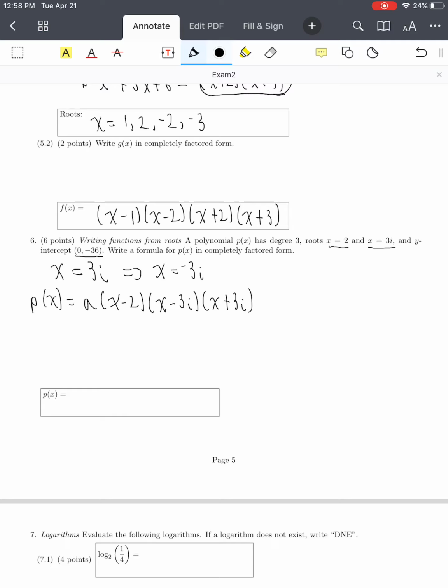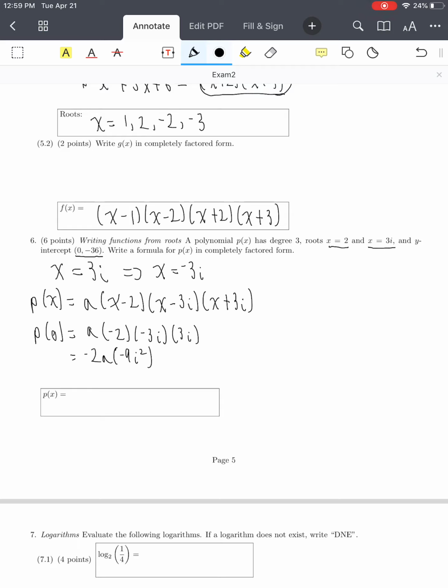Now we want to plug in 0 for this and figure out what a needs to be to make that equal to negative 36. So p of 0 equals a times negative 2, negative 3i, 3i, equals negative 2a, and negative 3i times 3i is negative 9i squared.